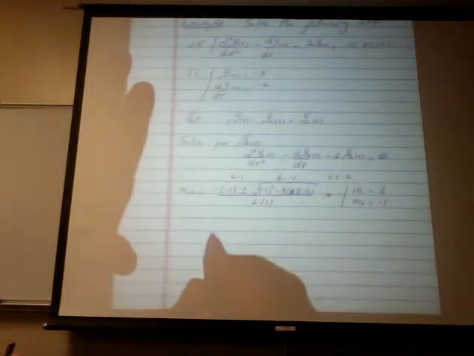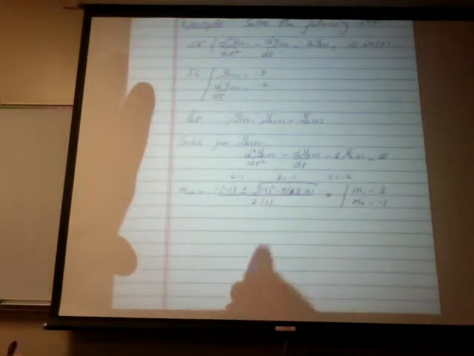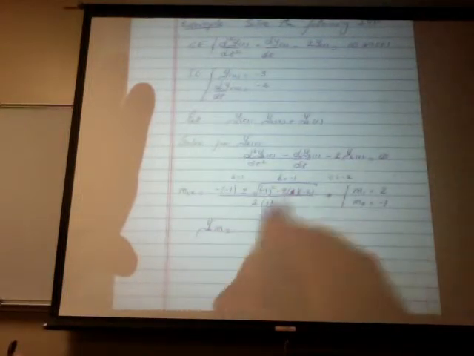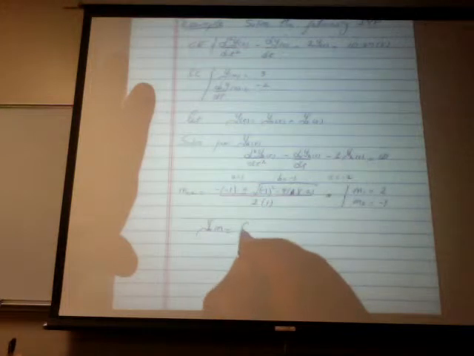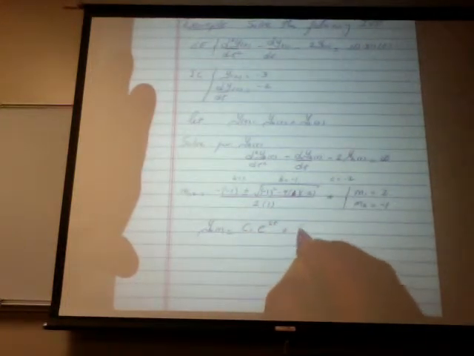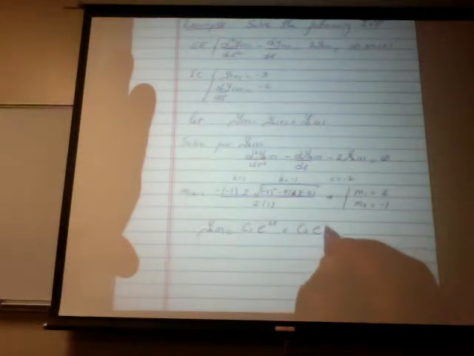So because they're real, yh(t) is equal to c1 e^(2t) plus c2 e^(-t).